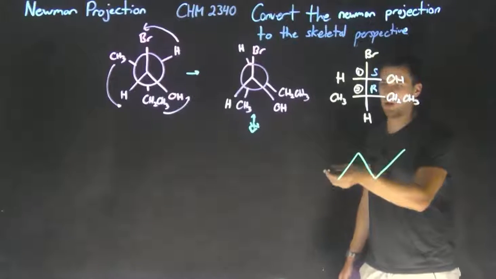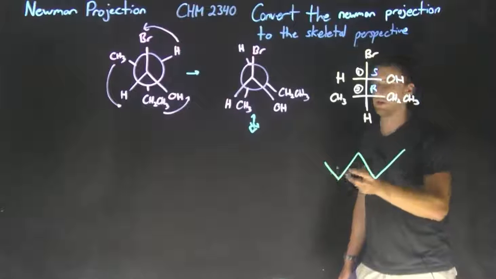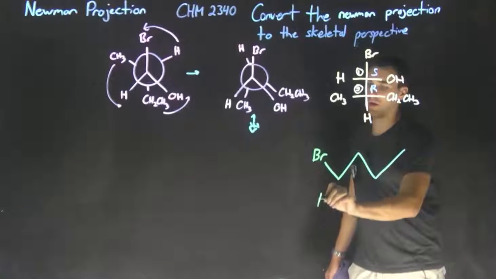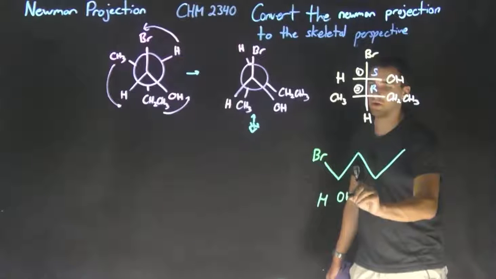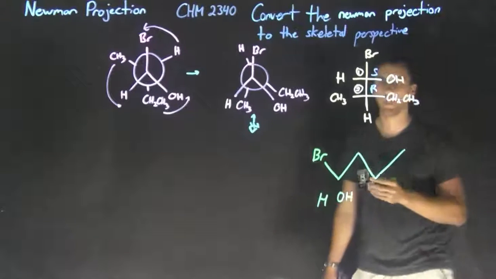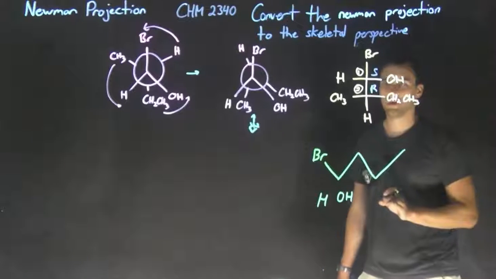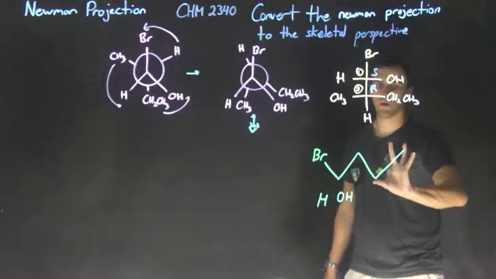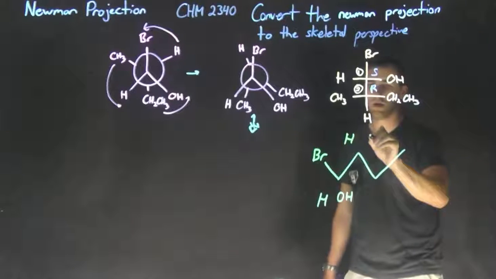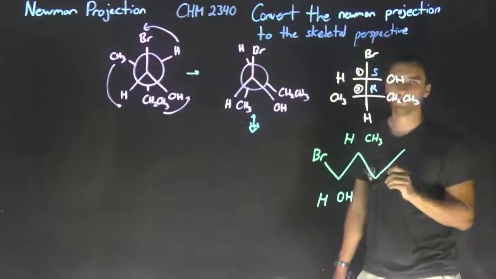So I will just put the bromine as a solid line. And then I will determine between the hydrogen and the hydroxy if it will be towards or away from me. For this one, here's our ethyl group. So we either have the hydrogen or the methyl group.